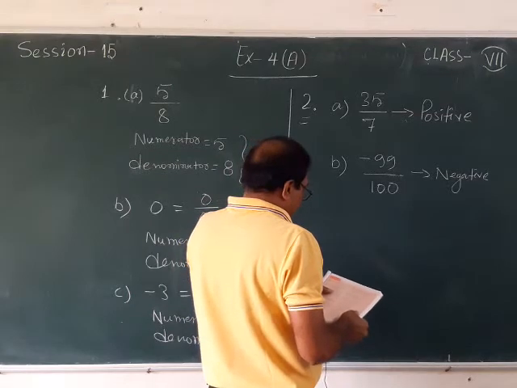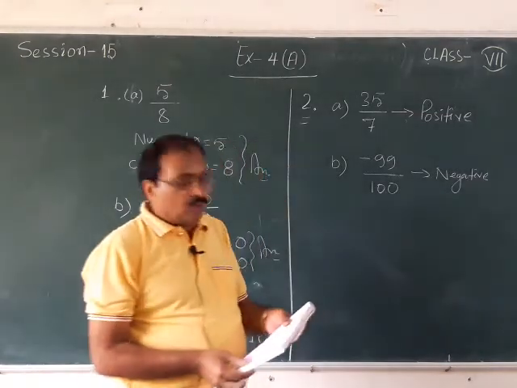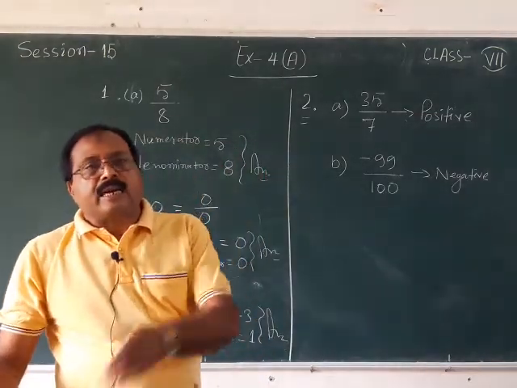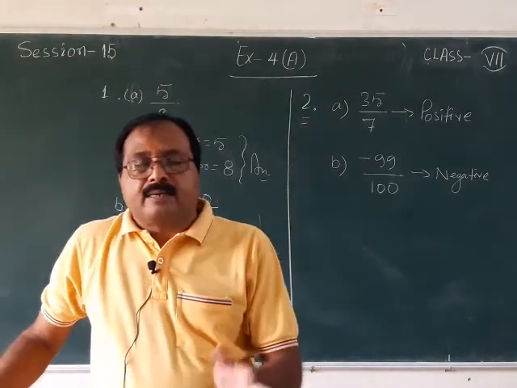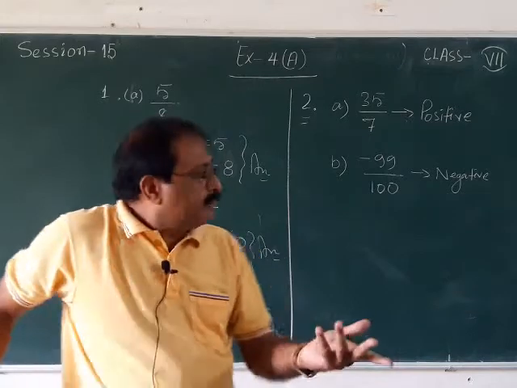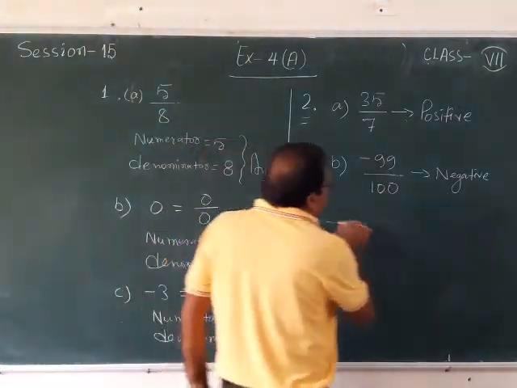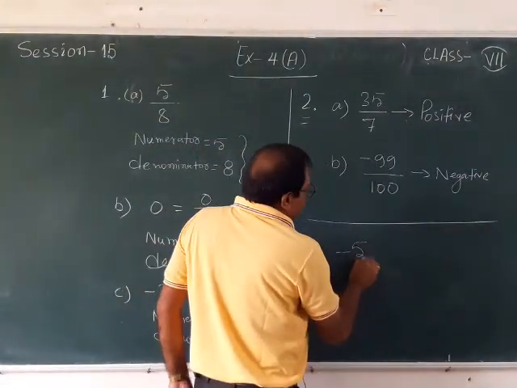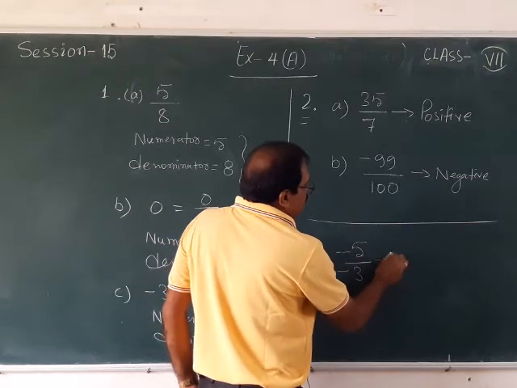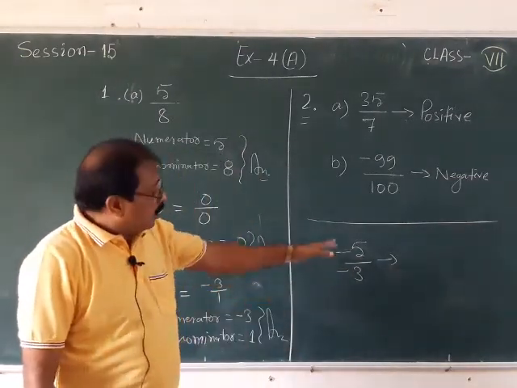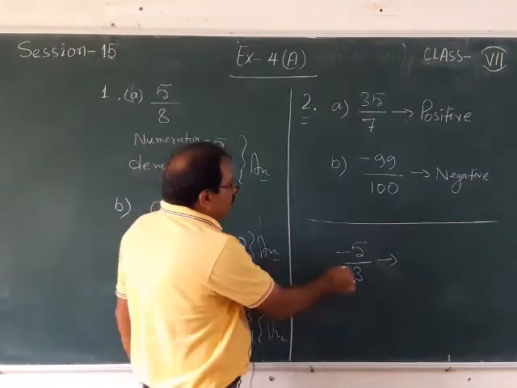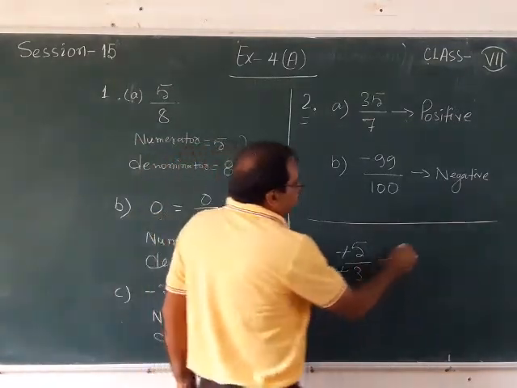Sometimes you will have some questions where the numerator and the denominator both have a negative sign. That means those negative signs may be cancelled. Suppose, for example, I am asking minus 5 upon minus 3, is it positive or negative? Can you guess? Your answer should be that the minus is cancelled.